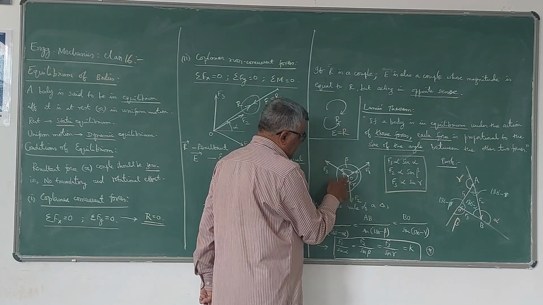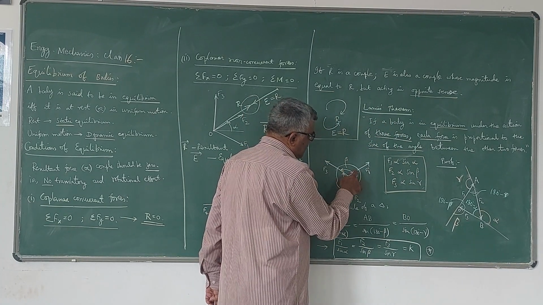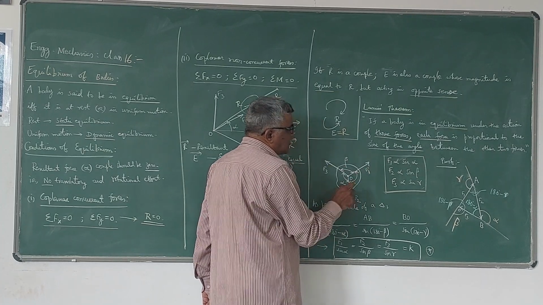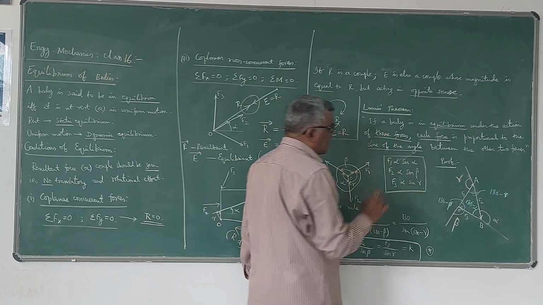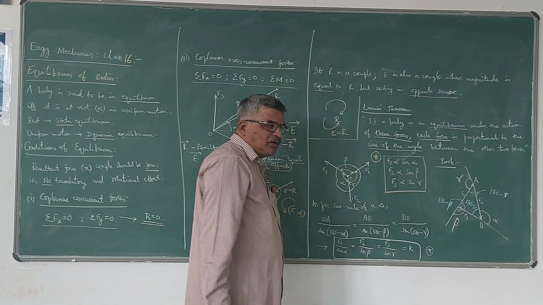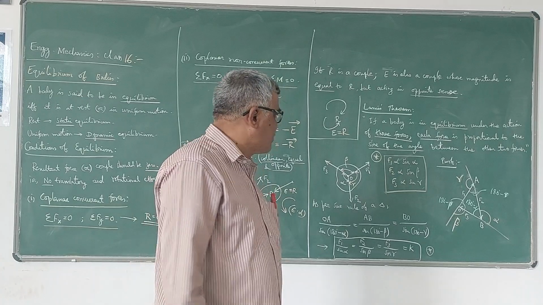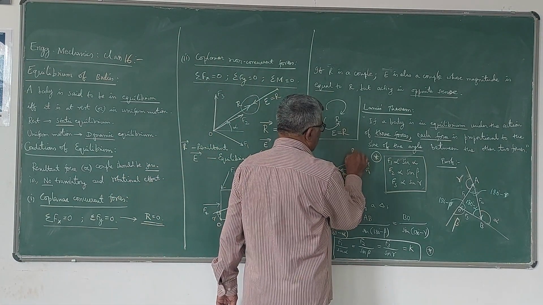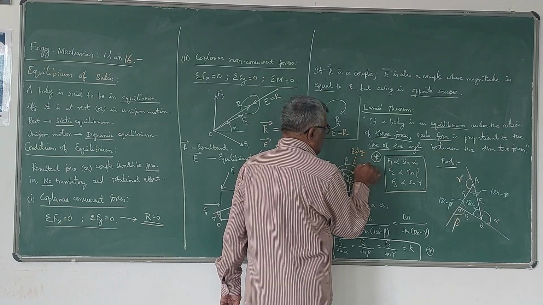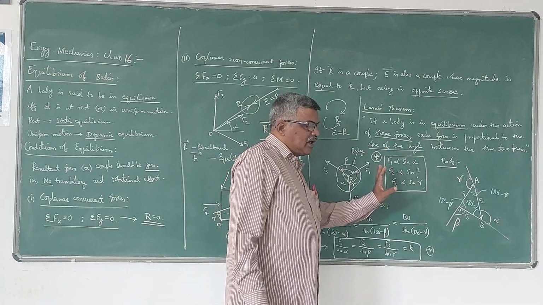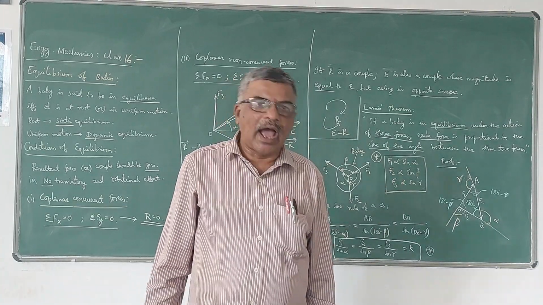Then F3 is directly proportional to sine of the angle between F1 and F2, which is gamma, so F3 is directly proportional to sine gamma. So this is the statement of Lami's theorem. If a body is in equilibrium under the action of three forces F1, F2, F3, this is the equation that we can have.